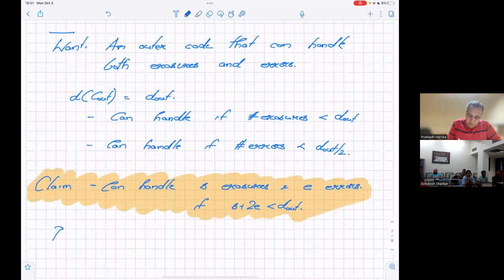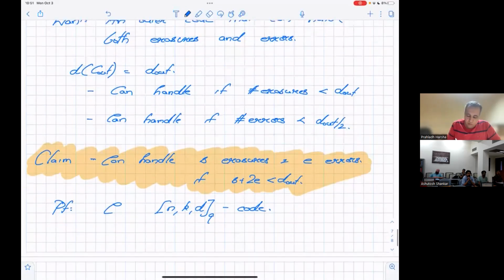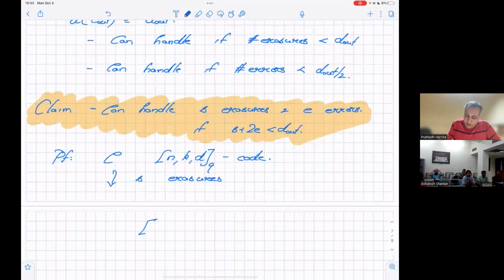So suppose I give you a code C, which is an (n, k, d) code over some alphabet. Now I apply the s erasures. At the end of it, I'm going to get a code of length n minus s. Those s locations have disappeared. Possibly the whole k is there, I don't know about this.